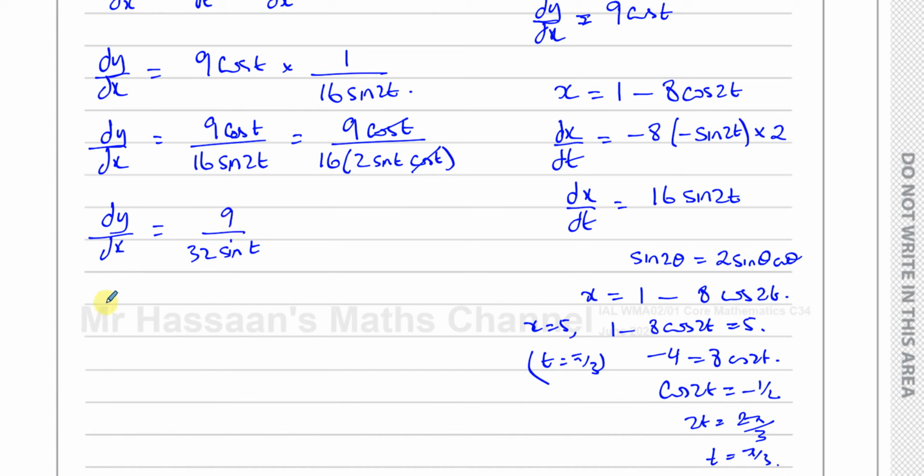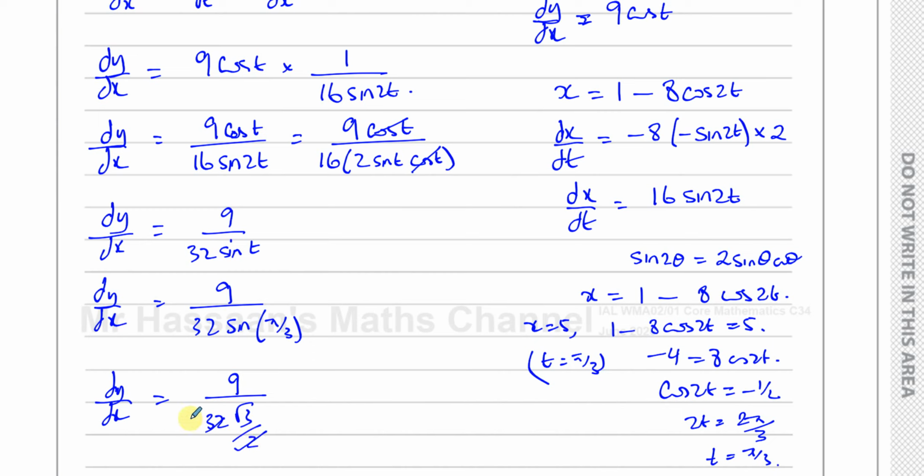So we can find dy/dx is equal to 9 over 32 times the sine of pi over 3. We could just put that in our calculator, but if you want to show the steps, no problem. The sine of pi over 3 is root 3 over 2, so that cancels and gives you 16.